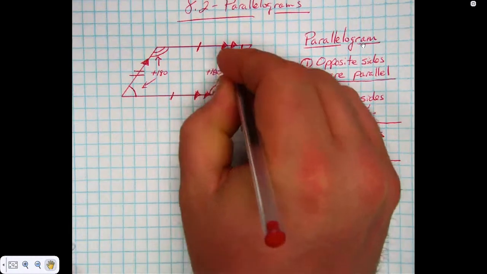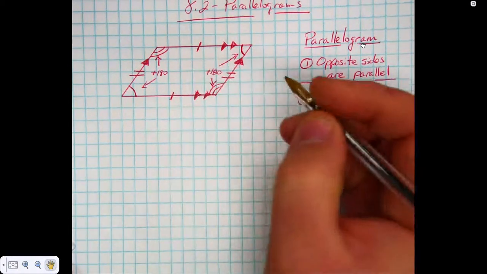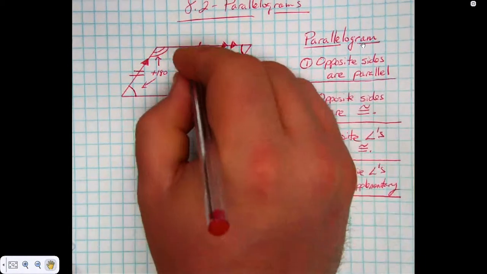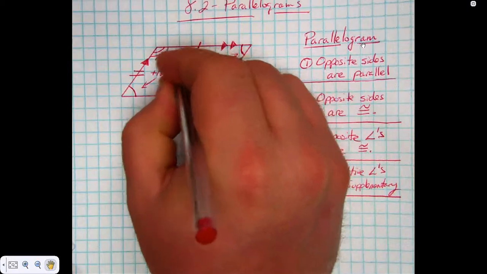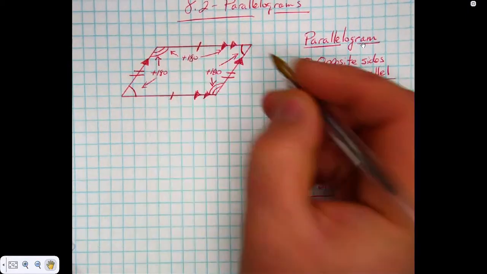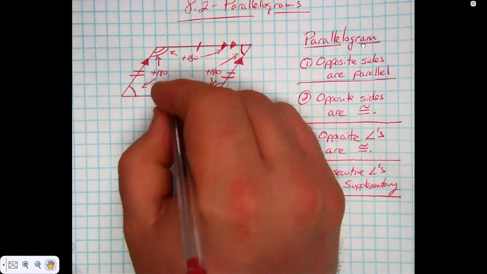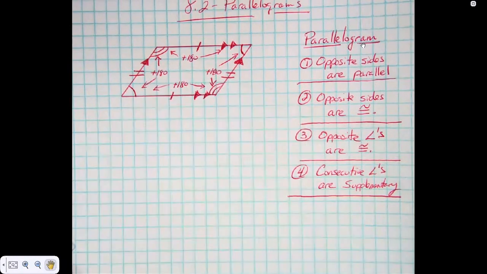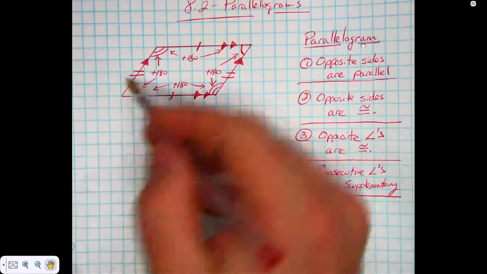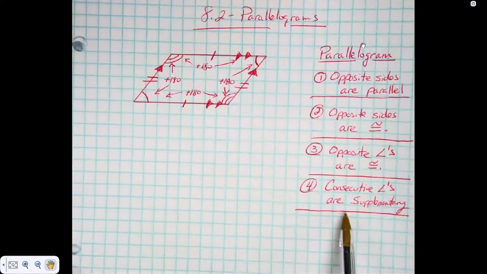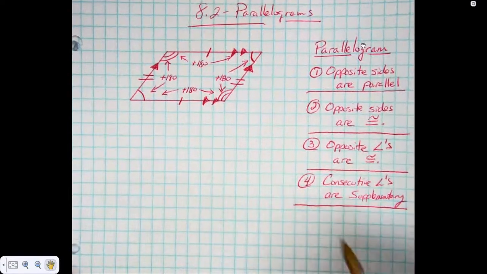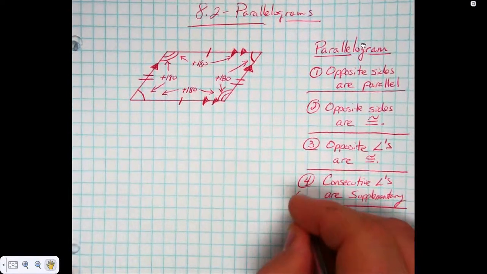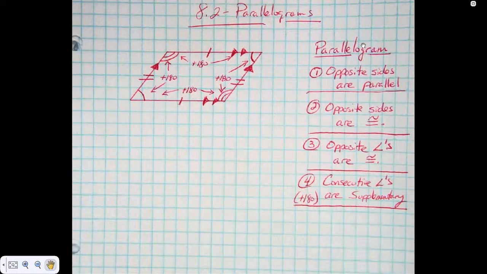And this angle would add to what? That angle and that angle would add to what? Those are all the sets of consecutive angles, are they not? So if they're beside or on top of each other, what do they add to? They are supplementary, right.